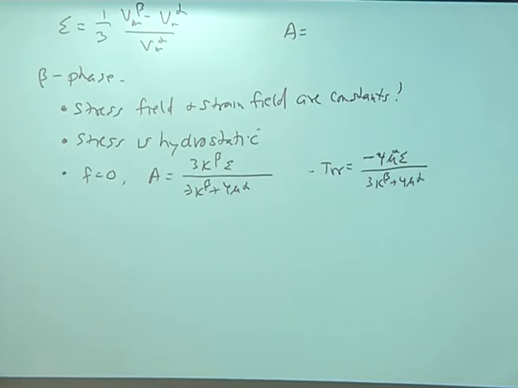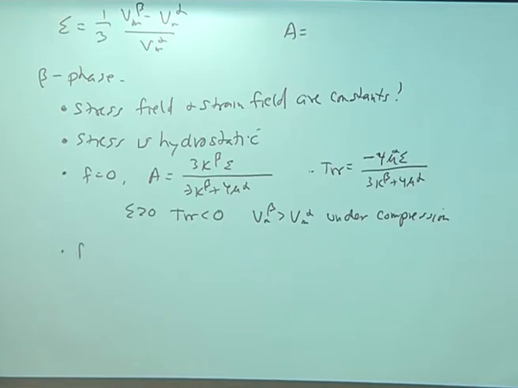If you plug in the value of A and simplify things, that's what it looks like. And so if epsilon is greater than 0, TRR is less than 0. That makes sense, because if the molar volume of beta is greater than the molar volume of alpha, it's basically under compression. Kind of what you'd expect.